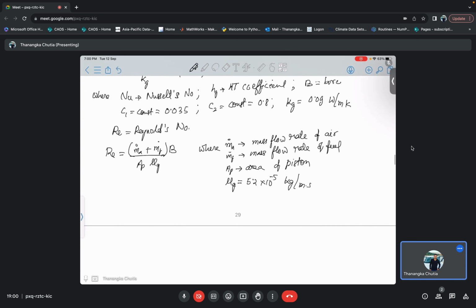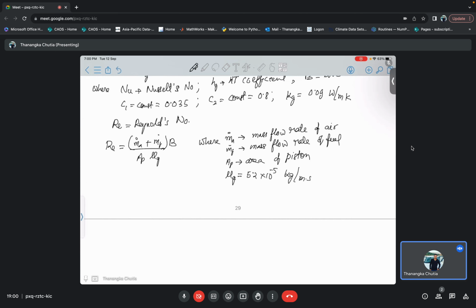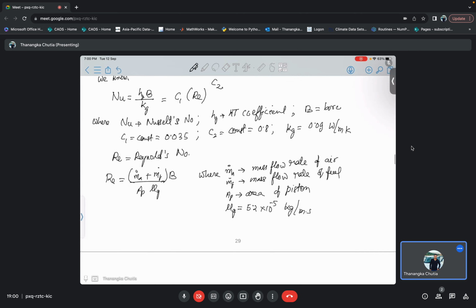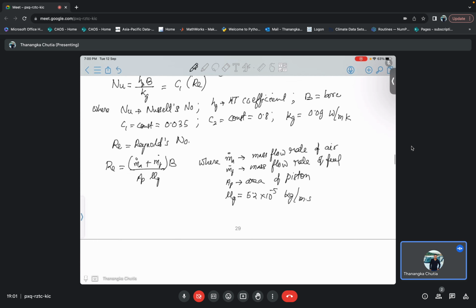B is, as usual, the bore. So to calculate the Nusselt number, you first have to calculate the Reynolds number. For that you require B, ma, mf, and Ap.